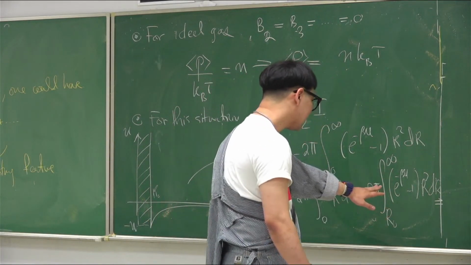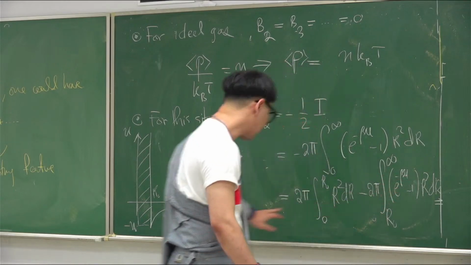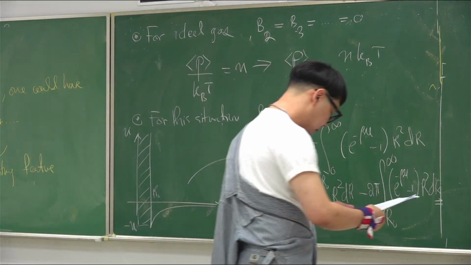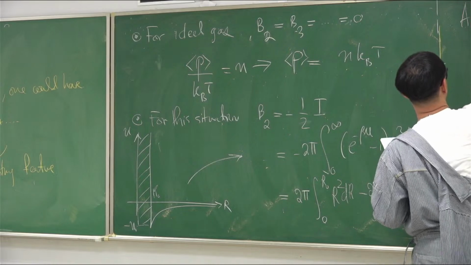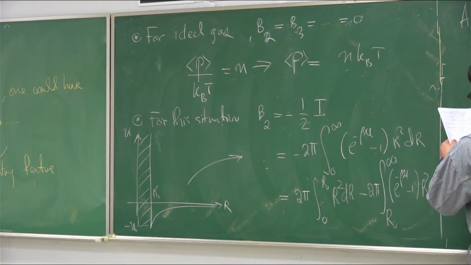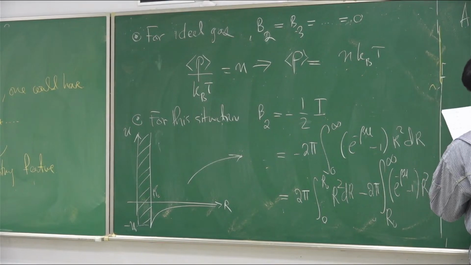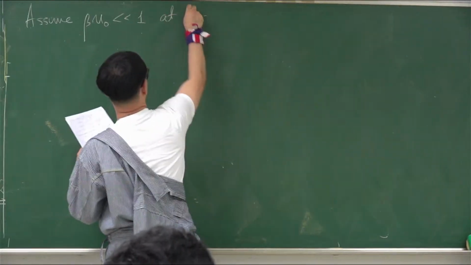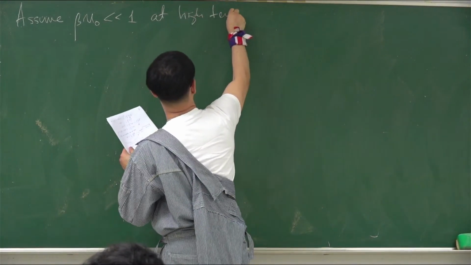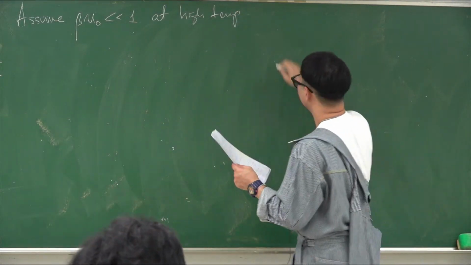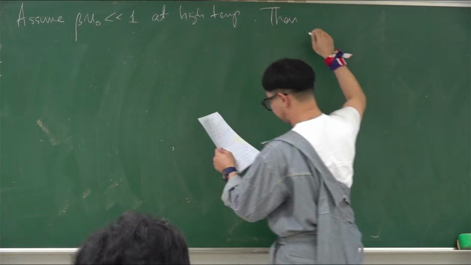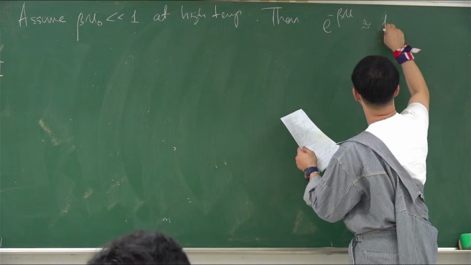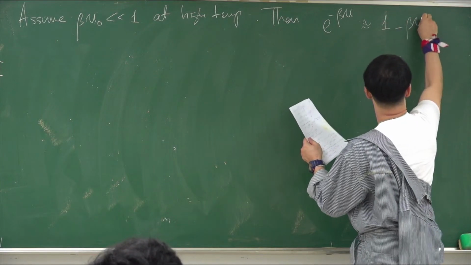For this one, the minimum value of the u is going to be u naught here, u0 here, right? Then, okay, let's assume this condition at high temp, right? Then this u, of course, you can do the expansion now, right?